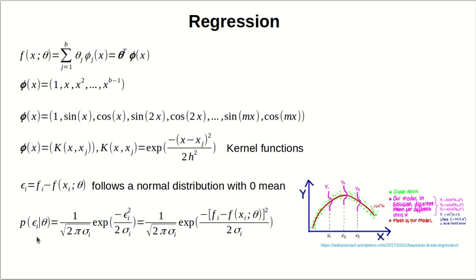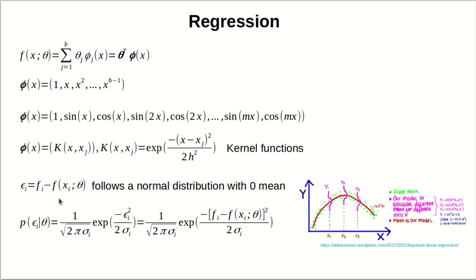What kind of epsilon i gives a small probability? If epsilon i is big, then the probability is going to be small. How do you get a big epsilon i? It means your prediction f is very different from the actual observed label f i.